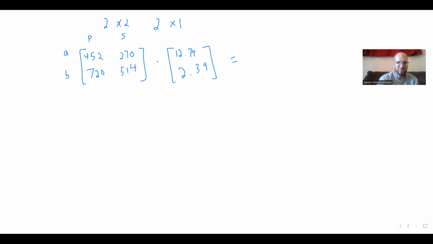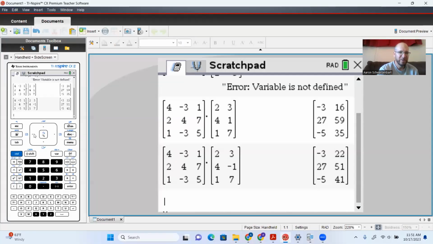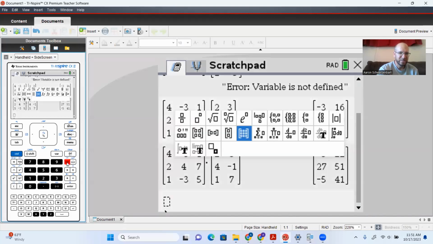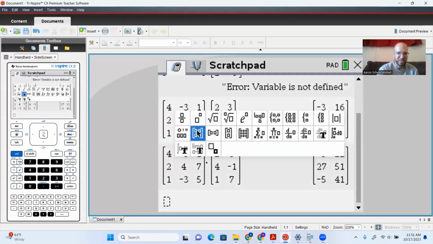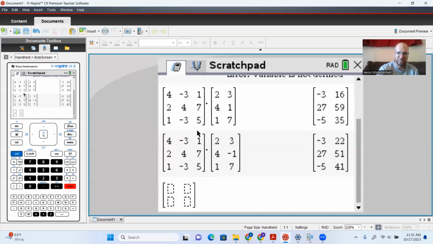So here is my TI Inspire. To enter these, I'm just going to do the 2x2, which is really nice on this one. 452, 270.